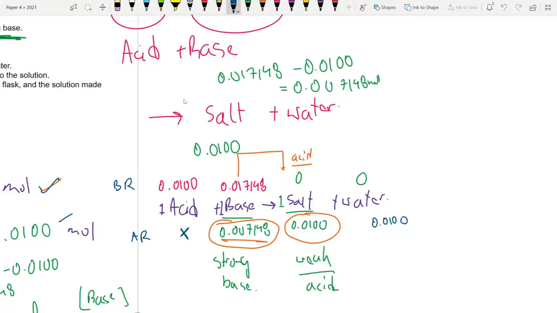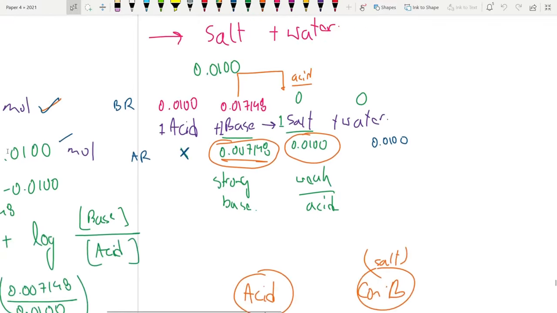If we consider the base to be strong, its conjugate acid must be weak. That's the logic. So the anion of aces is the strong base and its conjugate acid must be weak, and they form a buffer solution overall.